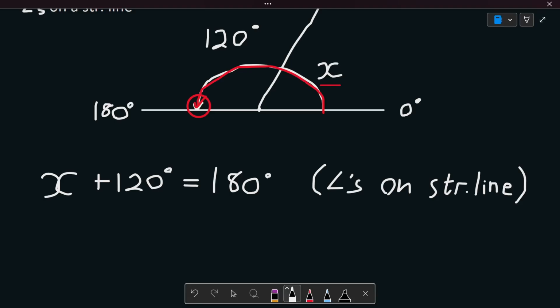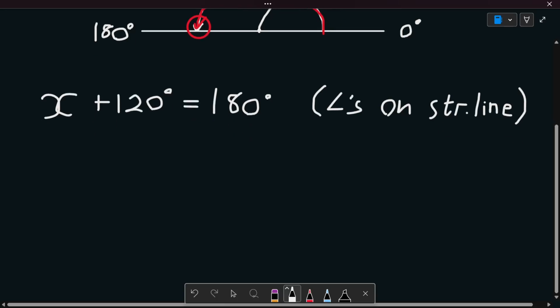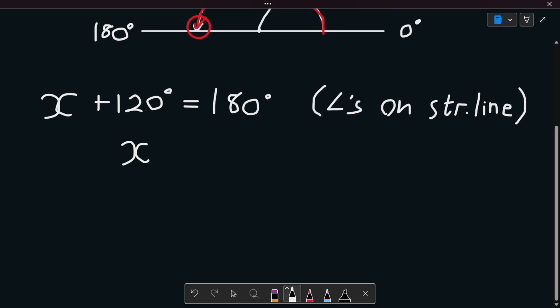Now we can actually solve for X. Take note how I wrote this equation to assist me in finding my X value. We put X on its own, and if you're still not sure how to solve for X, you can refer back to my videos on how to solve for X. It will guide you. Now we are going to minus both sides by 120 degrees so that we can get X on its own.